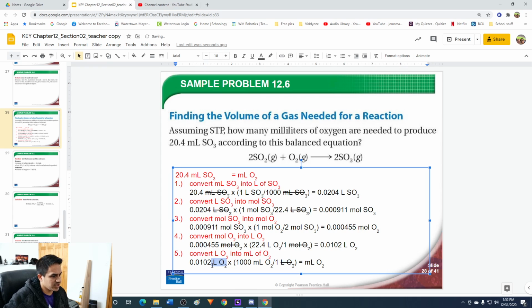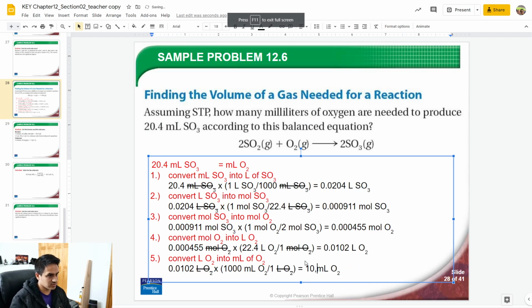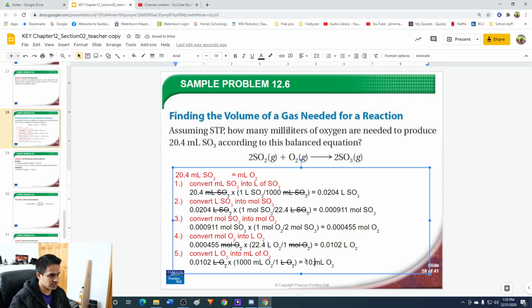And we are finally going to be in milliliters of O2, which is what our answer needs to be in. So take our previous one, 0.0102, times that by 1,000. And we get, as a final answer, 10.2 milliliters of oxygen.